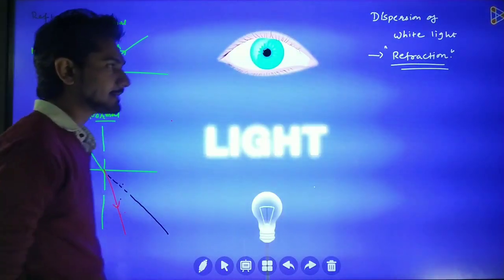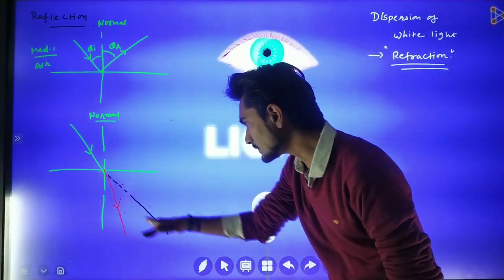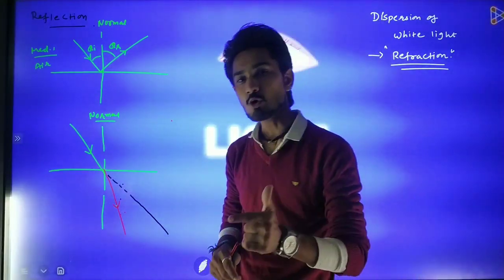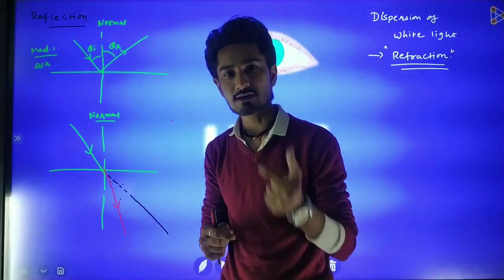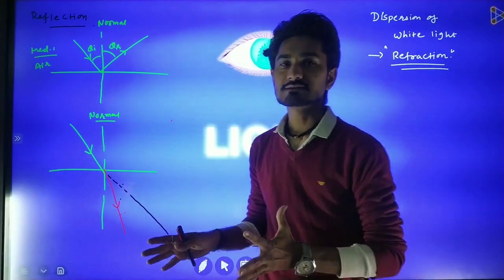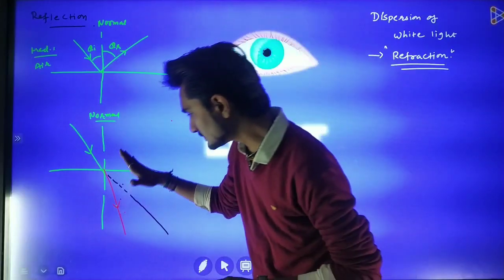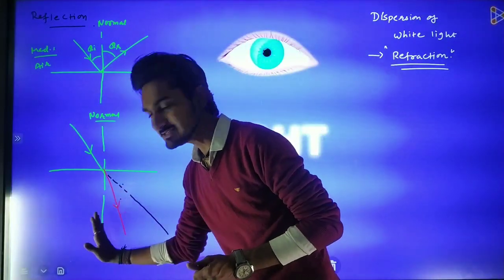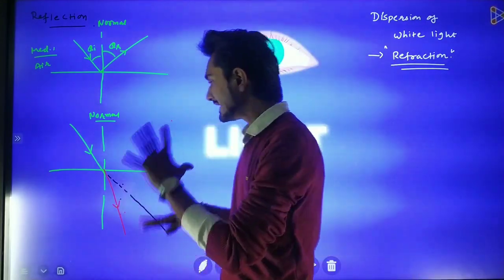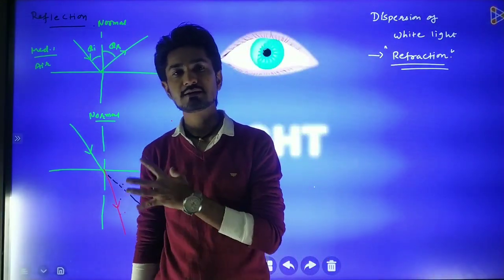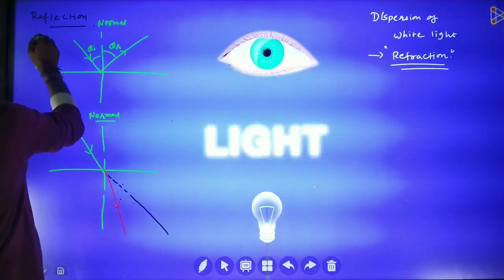When we change the medium for the ray of light, it will bend. Bend towards means it goes like this, and bend away means it goes like this. So a bending phenomenon happens, and that bending phenomenon is considered refraction.